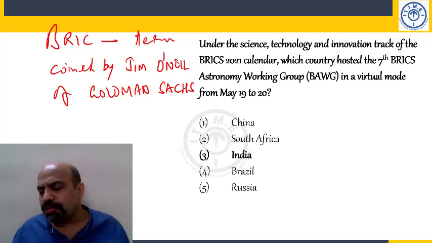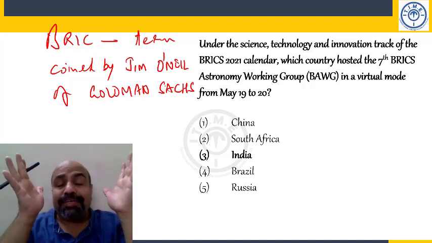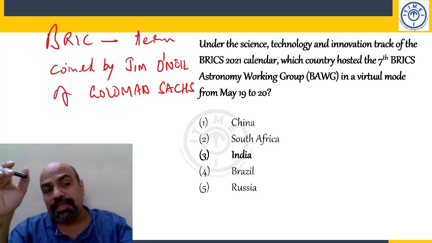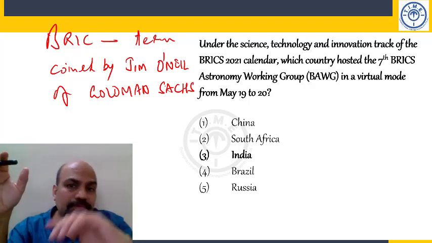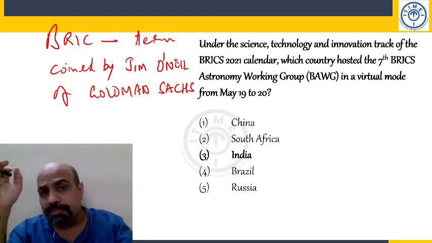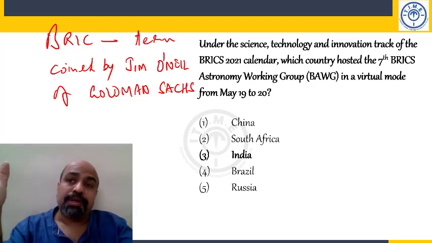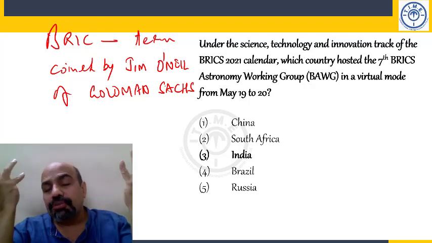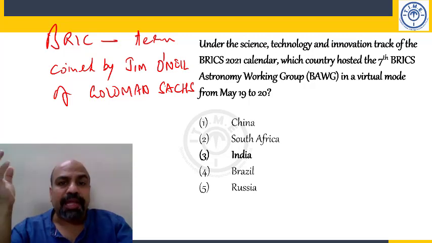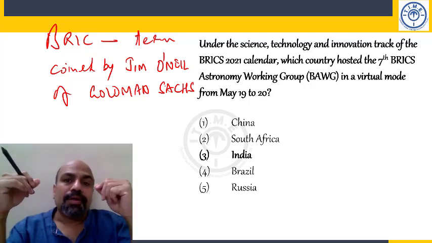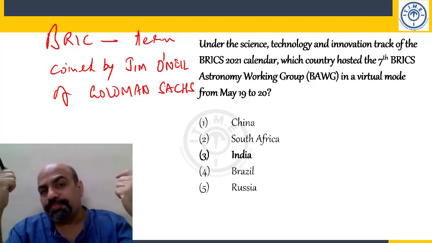In his research paper in 2001, Jim O'Neill had said that by 2050, these 4 countries, Brazil, Russia, India, China, will contribute to 50% of global GDP. Well, this is a prediction made in 2001. Who knows what life would be like 30 years from today.